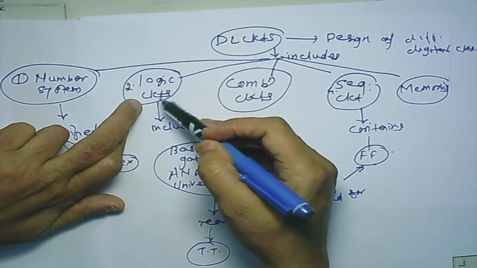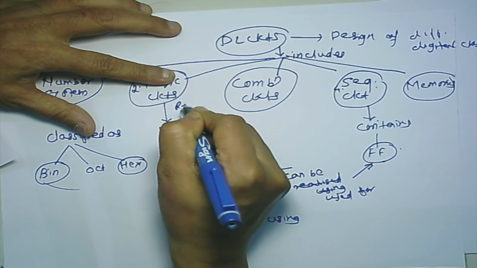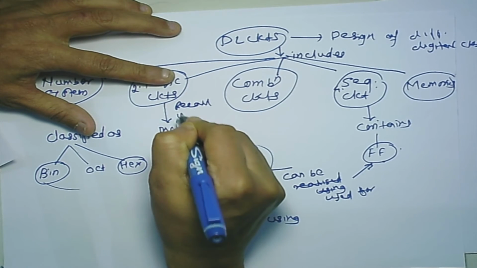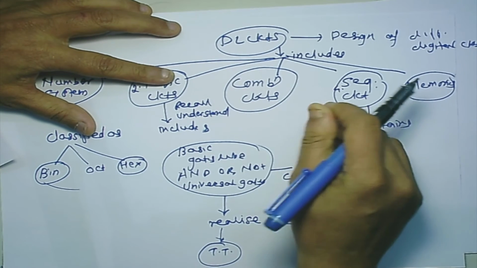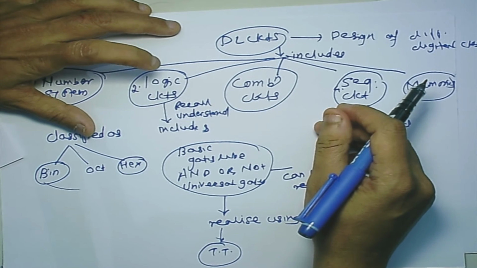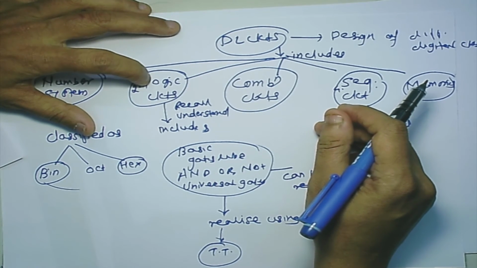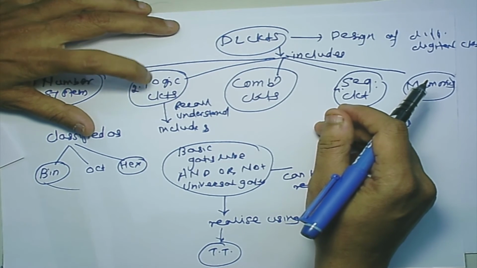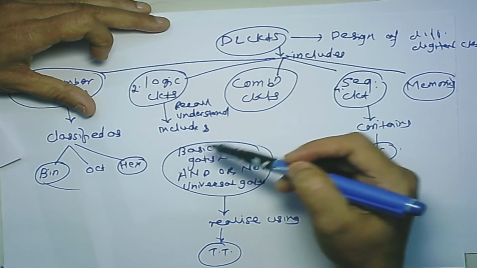So at the logic circuit level, I may include recall and understand type of learning objectives. This being an introductory chapter, I will write that students will be able to draw logic diagrams, write truth tables, or even construct a logic diagram for a given situation.